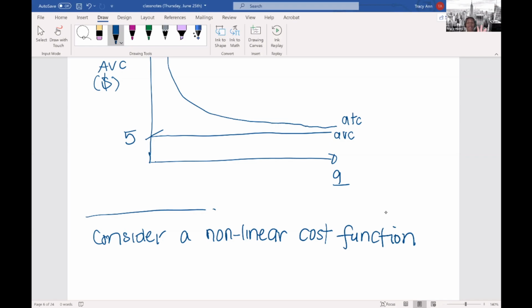In this example, I gave you a production function that was actually linear. More importantly, my production function was kind of a substitute, even though I told you we weren't going to look at substitutes, but I used it just to make it easy to visualize what was happening when we wrote our production function in terms of labor and substituted it into our cost function.